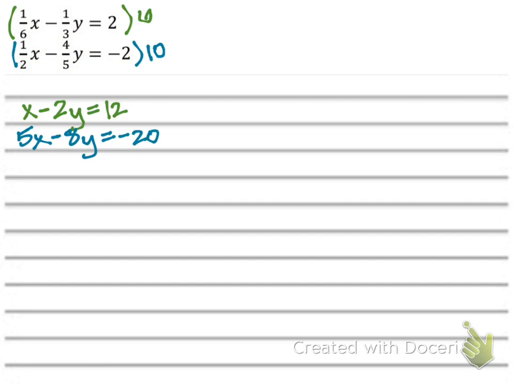So now we've cleared the fractions, and we are going to decide which variable we would like to get rid of. It doesn't really matter because the x's have the same sign and the y's have the same sign, right? So we're going to have to multiply one of them through by a negative anyway. Let's say we're going to get rid of y. And that means we're going to need to multiply the top guy by, let's do a -4, right?